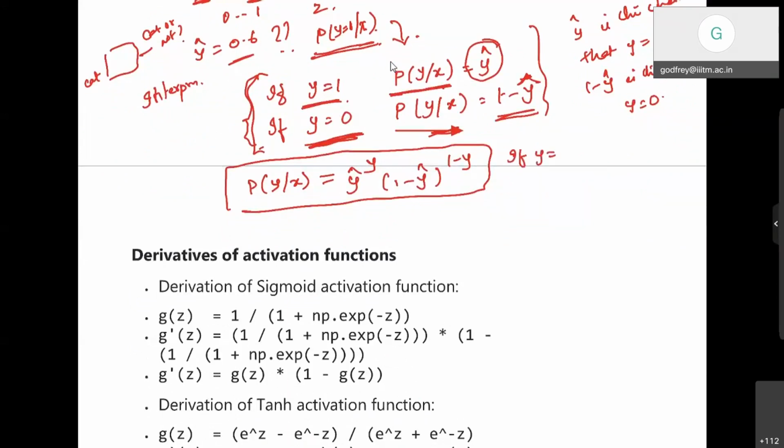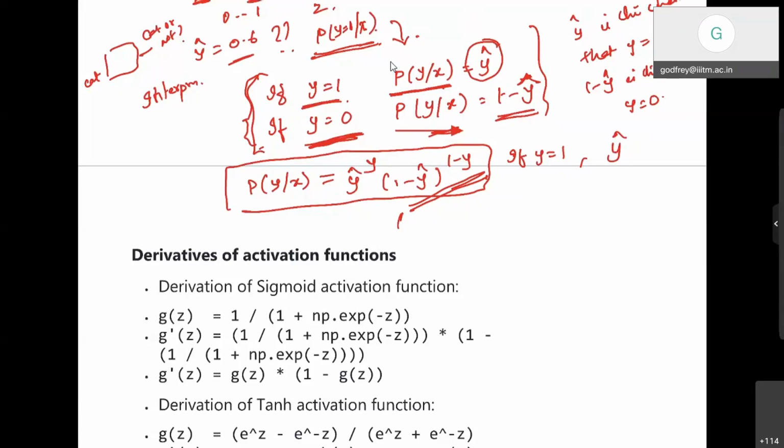If y equal to 1, then 1 minus 1 is 0, so something to the power 0 is 1 here, and y cap power y gives y cap.